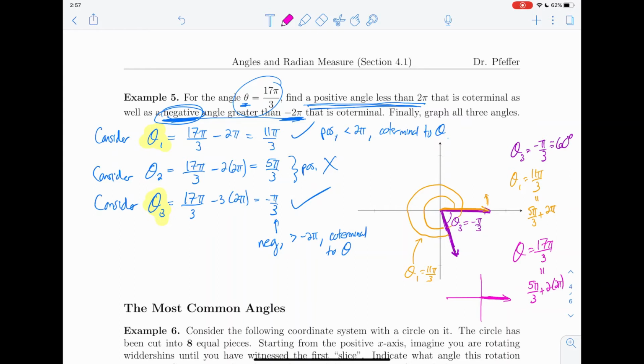We're going to have 2 full revolutions, followed by 5 pi over 3, which is going to be just enough to bring us down here and point in that direction. So that's going to be theta. At the end of the day, all of these angles are pointed in the same direction. However, how we got there is different. That's what makes these angles coterminal, equivalent, and not equal.